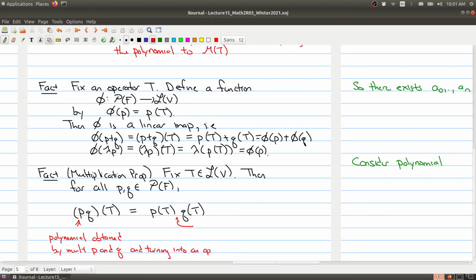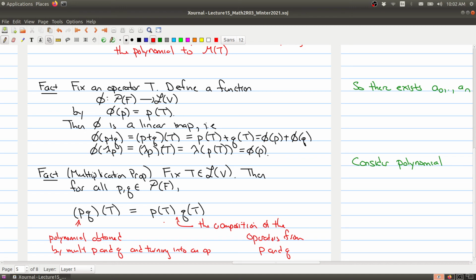And on this side, what we have is the composition of the operators from p and q. So it doesn't matter which order you do it. You can first multiply the polynomials together and turn them into operators, or you can first take the polynomials, turn them into operators, and then compose them together.